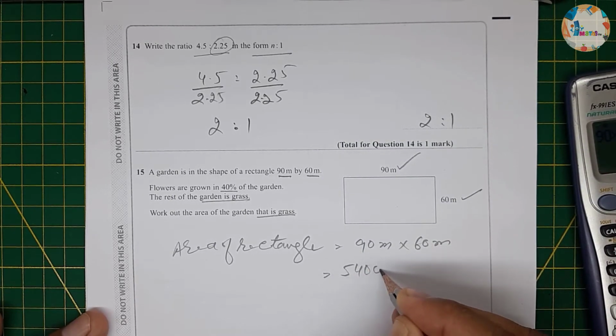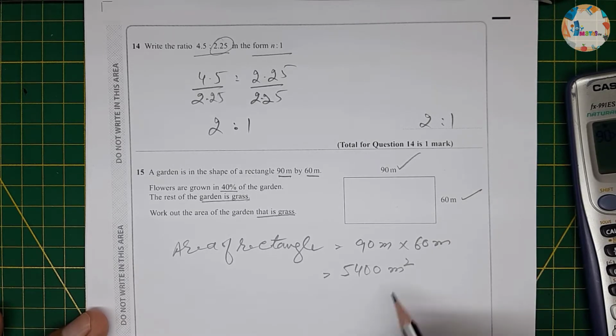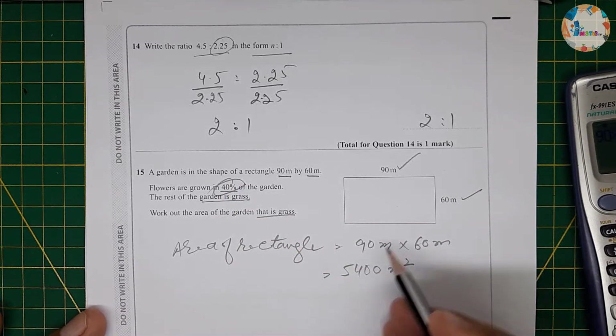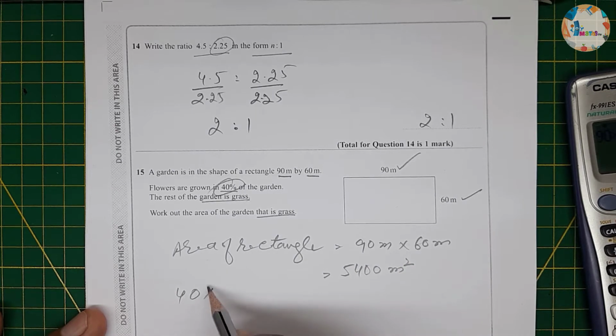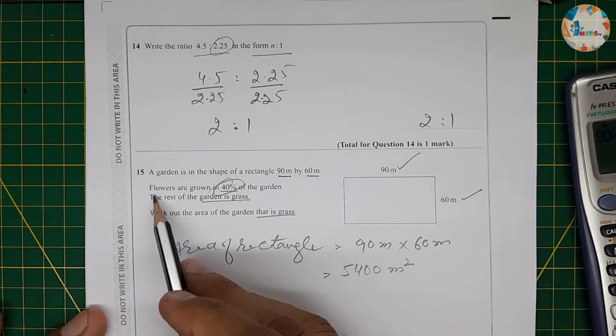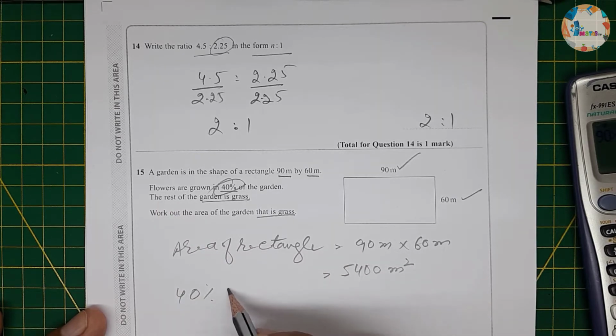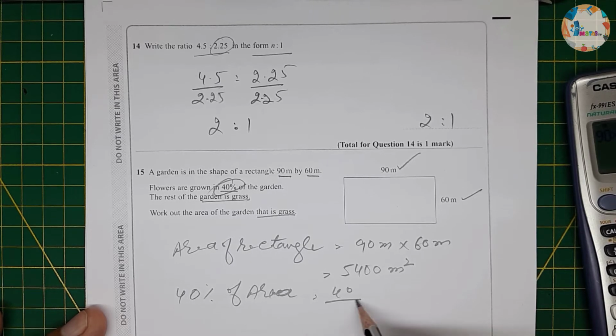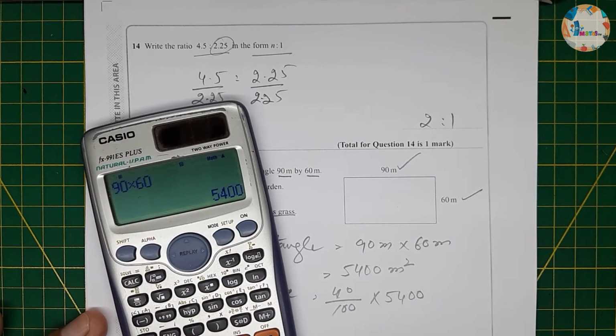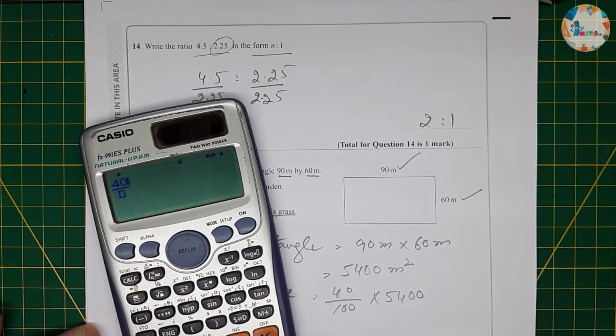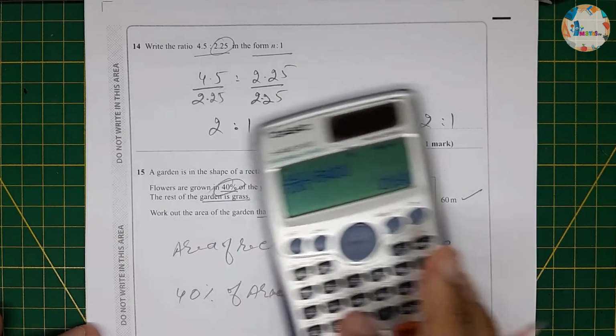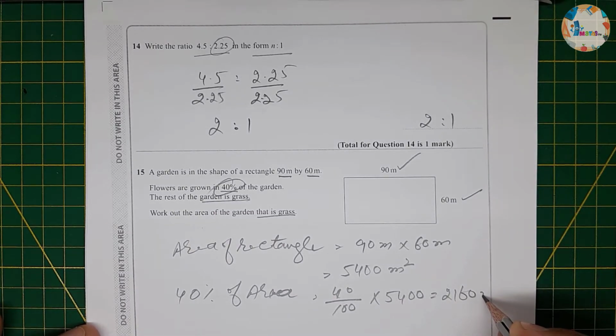So 5400 meters square will be the area. 40% of the garden is flowers, so 40% of the area is 40 over 100 multiplied by 5400. This will give us 2160 meters square. This will be flowers.